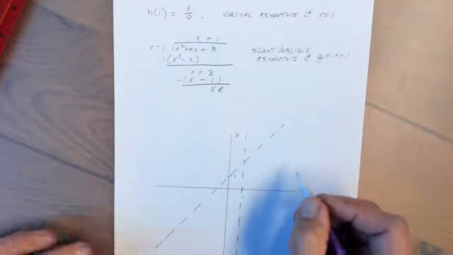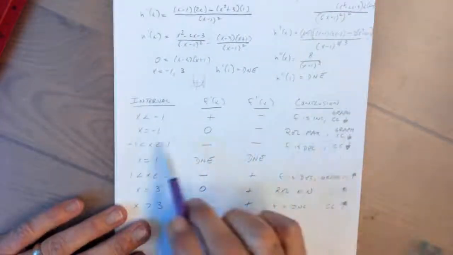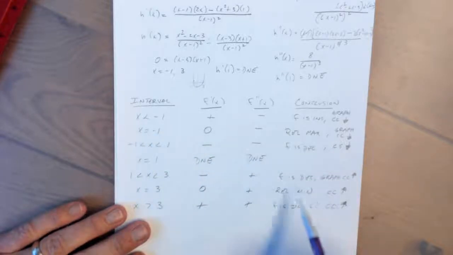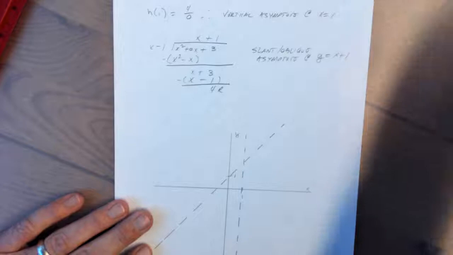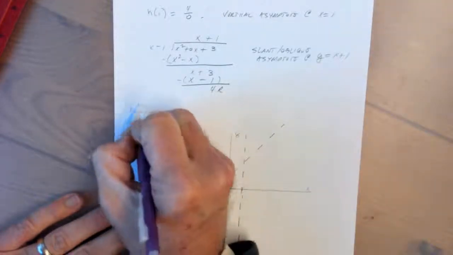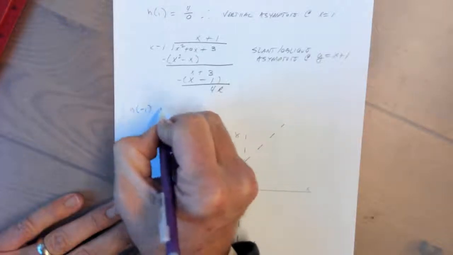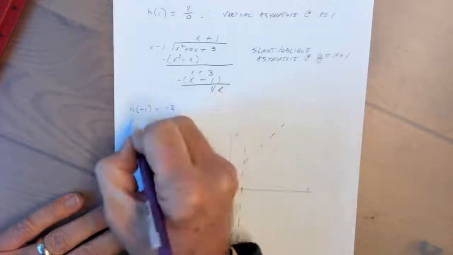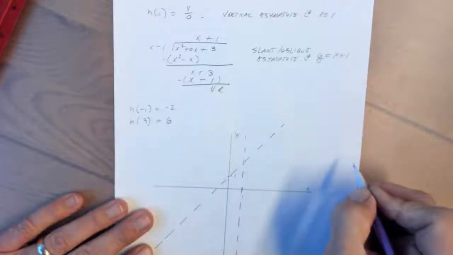And you may recall from here that we have a relative max at x equals -1 and a relative min at x equals 3. So we're going to want to know those function values, and h of -1 is -2, h of 3 is equal to 6.